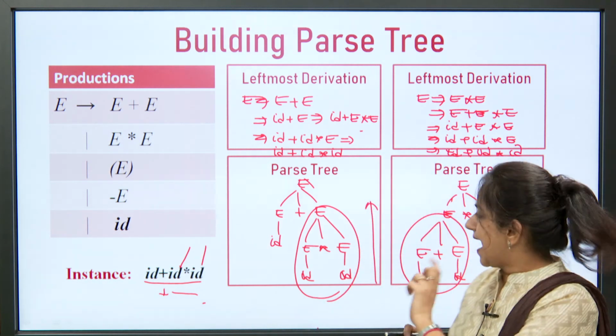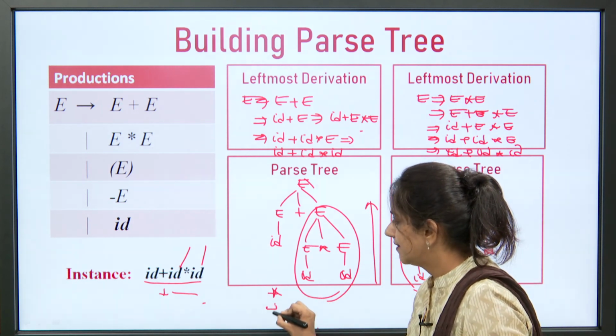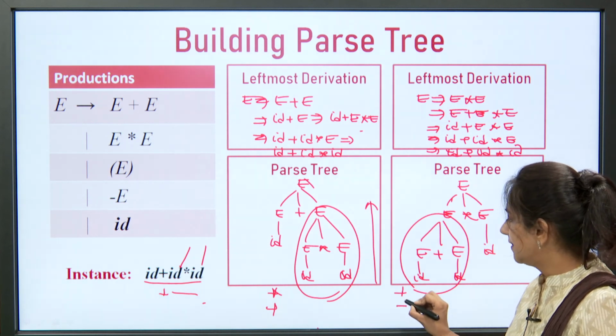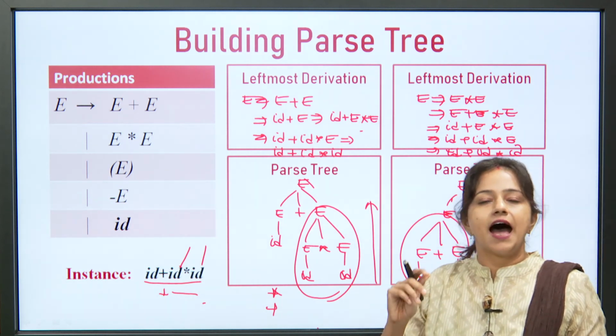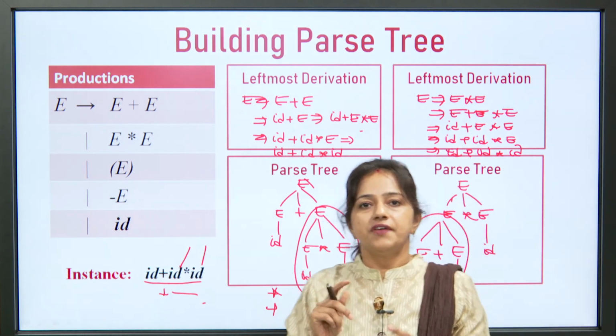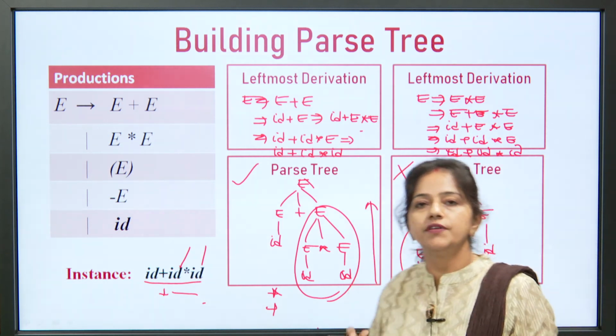So this parse tree first does multiplication and then addition. This parse tree first does addition and then multiplication. So after attaching associativity and precedence of the operator, we can select only one parse tree and ignore the rest of the parse trees.